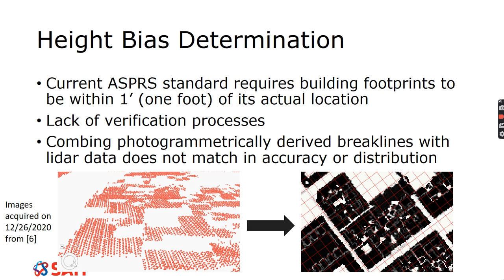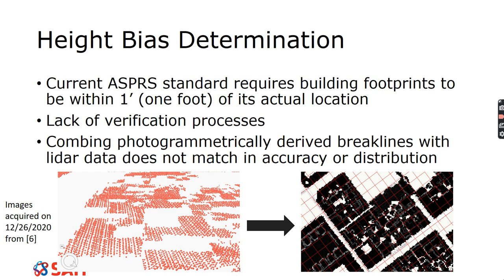Lidar is points, photogrammetry is raster, and the orientation of the pixels for the photogrammetry may not fit the same orientation of the pixels that we create for the Lidar. So we end up with all kinds of crazy problems, and these are all things that need to be overcome. Generally speaking, they might have a slightly different scale.